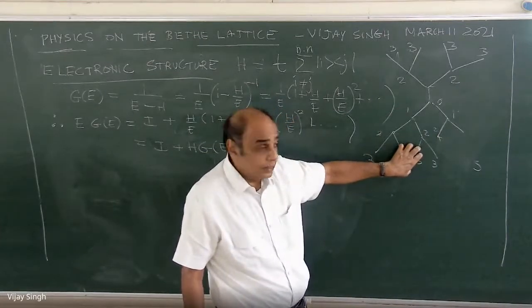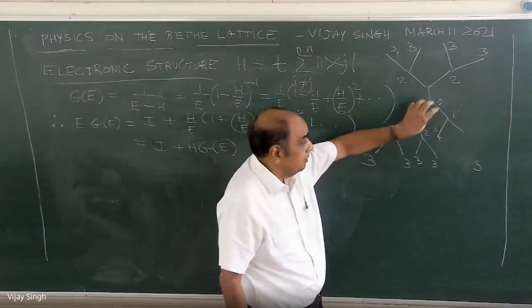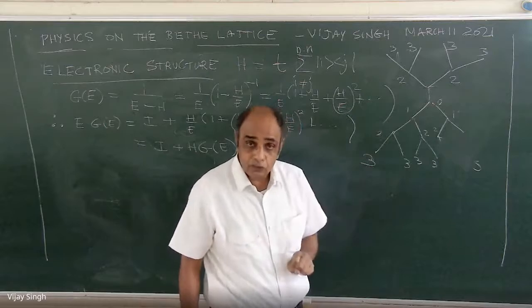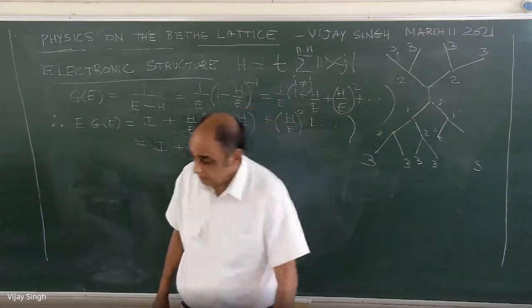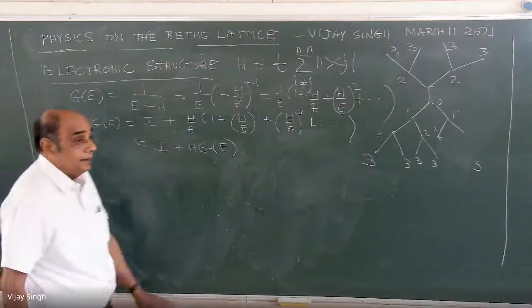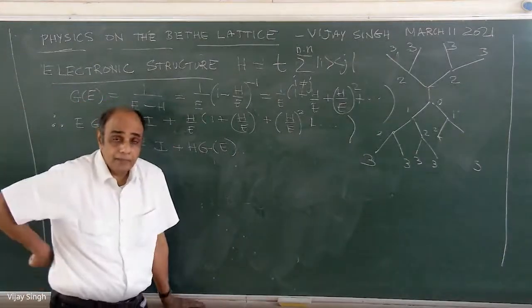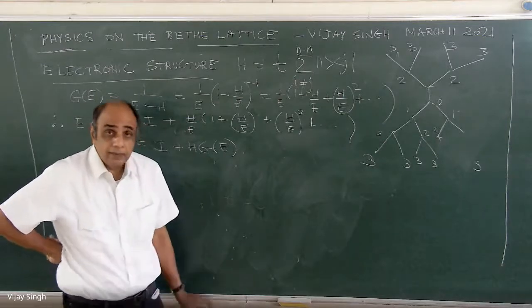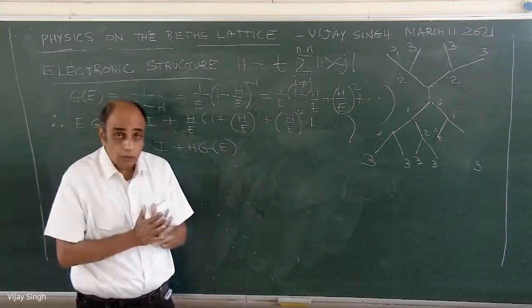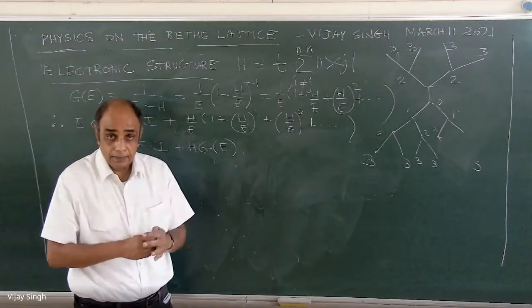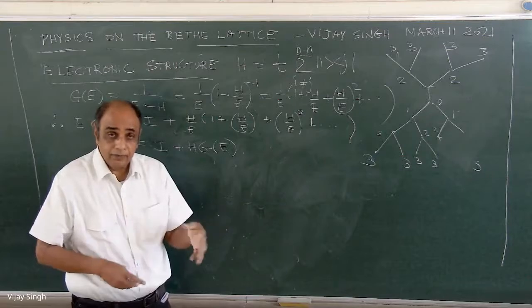Whether I take the diagonal elements between 0 and 0 or between 3 and 3, it doesn't matter. It should be the same. Long back in 1935, this property of self-similarity was known to physicists. It was rediscovered and made a big hullabaloo about when they had fractals, which are also self-similar, but of a different kind, of a different genre.